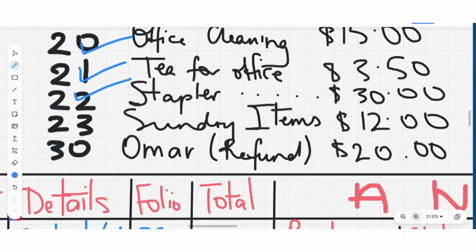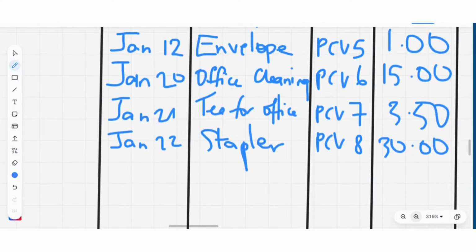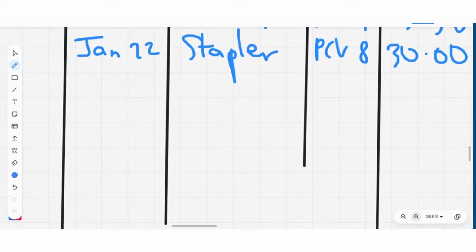Then we have the sundry items. These mean little items amounting to $12. So the 23rd, alright, so January 23rd, sundry.